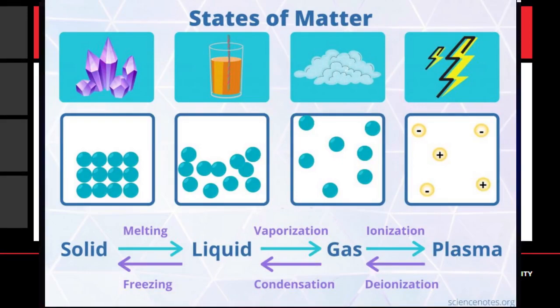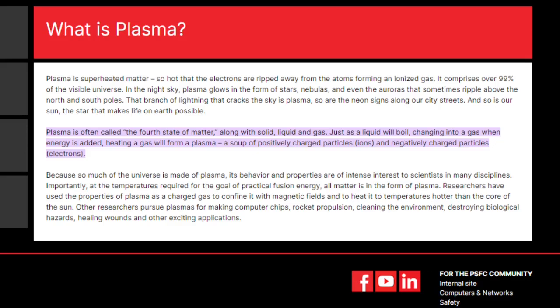Plasma is often called the fourth state of matter, along with solid, liquid and gas. Just as a liquid will boil, changing into gas when energy is added, heating a gas will form a plasma, a soup of positively charged particles, ions, and negatively charged particles, electrons.